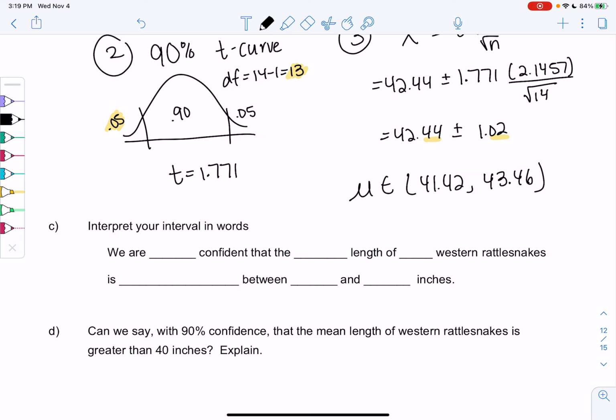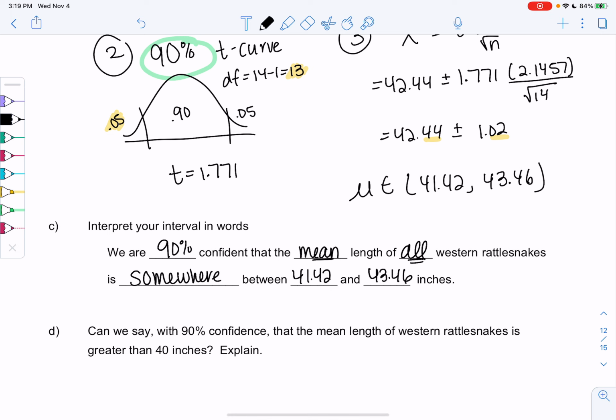So we are 90% confident that the true mean length of all rattlesnakes, so the average, this isn't the length of a single rattlesnake, this is the length of the average of all, is somewhere between 41.42 and 43.46 inches.